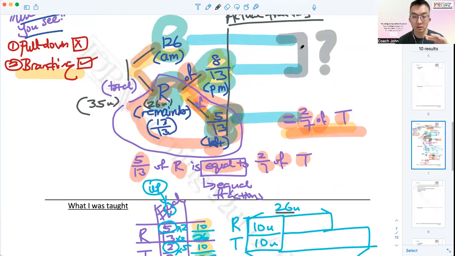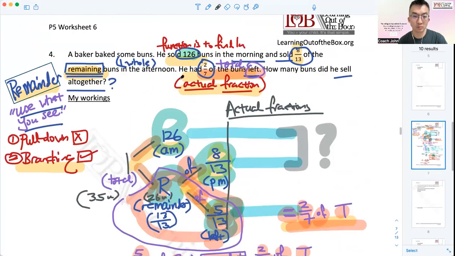Why is it a good habit to put in a question mark? Because you can actually look at your branching and know what you need to find without navigating to and fro, which is actually quite a waste of time. Yeah, and you know that under time pressure, your time is so limited.